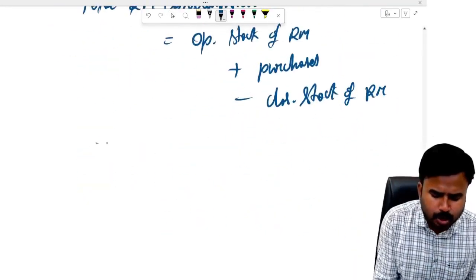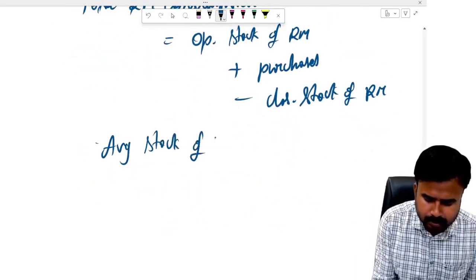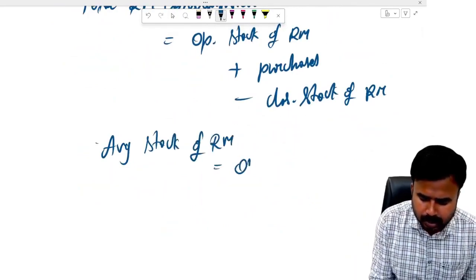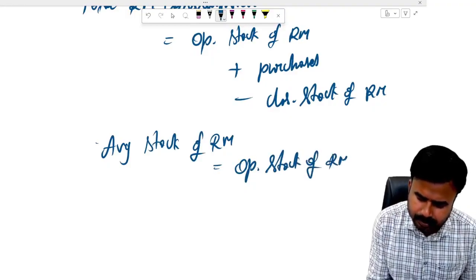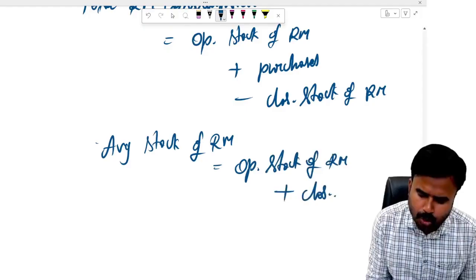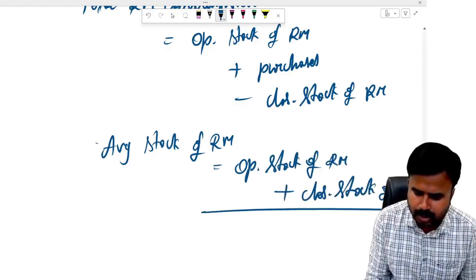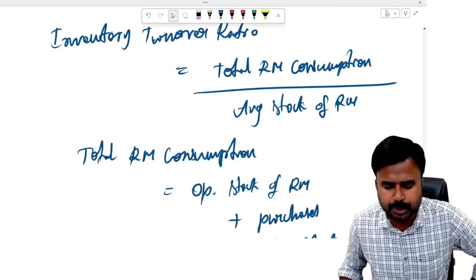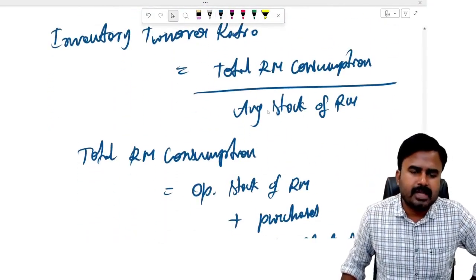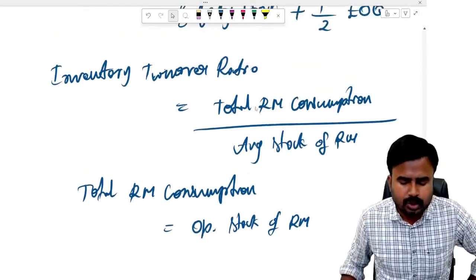And this average stock of raw material is equal to opening stock of raw material plus closing stock of raw material divided by 2. So this is the formula for inventory turnover ratio. It shows how many times I'm rotating my average stock of raw material throughout the year. That's the turnover ratio.